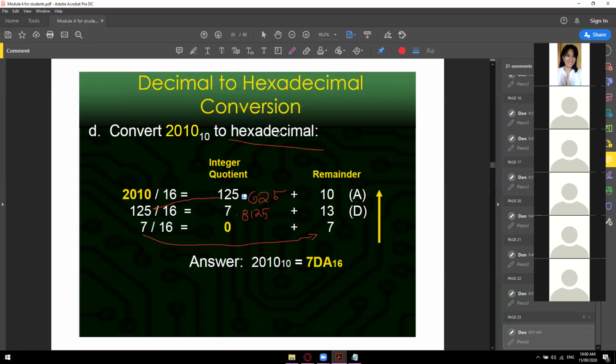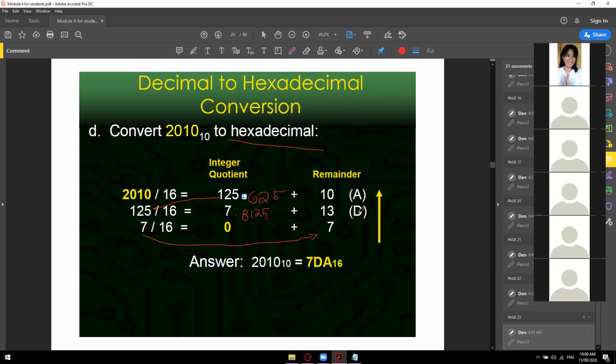So, okay na sa part na to? Sabi kayo pag, hindi pa, wait lang sir. Ina-analyze pa namin, okay lang naman eh. So, yung nadagdag lang dito is ito. Kapag yung remainder niya is 2 digits na, which is okay pa rin naman, pero meron siyang another conversion. Kapag 10, letter A na yun.